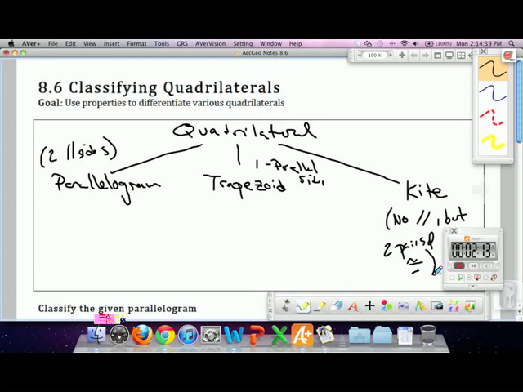But each of these, parallelograms and trapezoids, had further specifications, even more specific kinds. You could be a trapezoid, or if you also had 2 legs that were congruent, we had isosceles trapezoids.